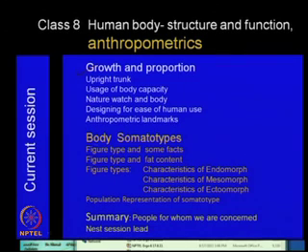And the second part, body somatotypes, that is figure type and some facts related to that, figure type and fat content, and based on this fat content the figure types are normally determined. There are 3 figure types: characteristics of endomorph, characteristics of mesomorph, characteristics of ectomorph, and population representations of somatotypes. After these 2 parts, we are going to summarize whatever we discussed today, that is people for whom we are concerned, and the next session leading.